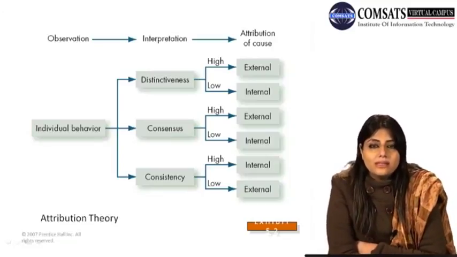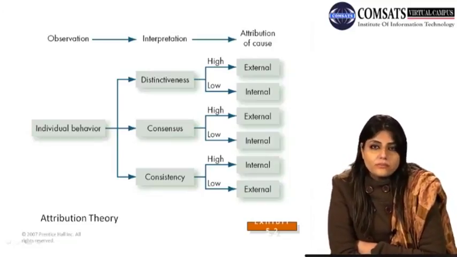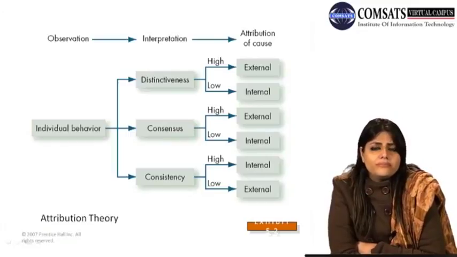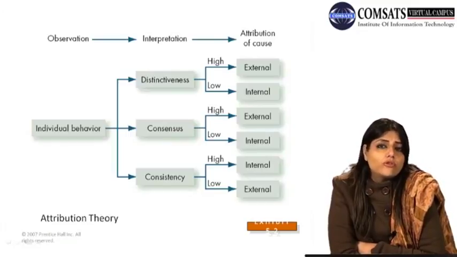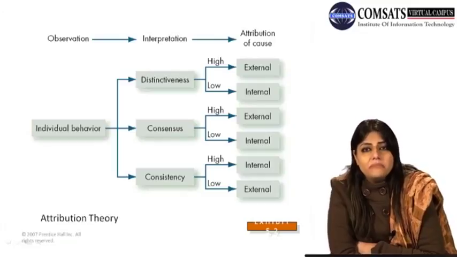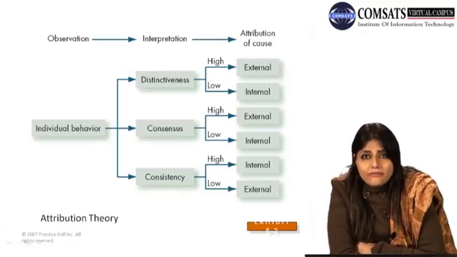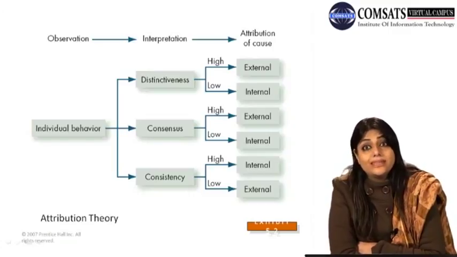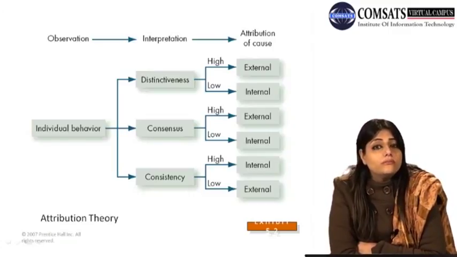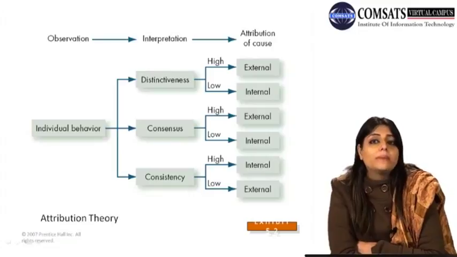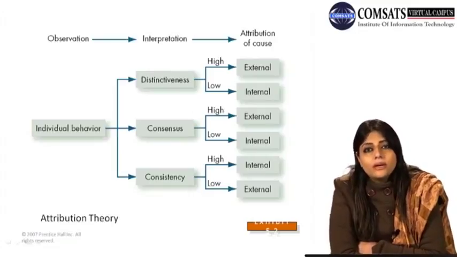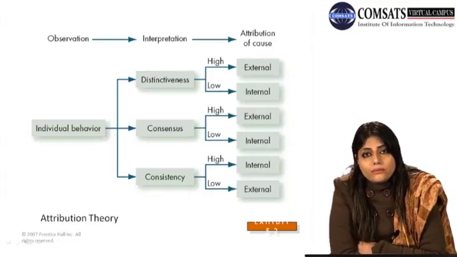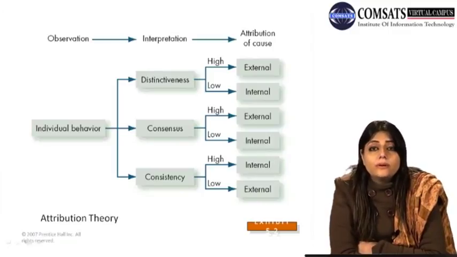And then for consistency, if the individual comes late, he is habitual of coming late, not only today but in meetings, in every activity he is late. So that is why he was late again, right? So if that behavior of late coming is habitual, then you would tend to be high in internal attribution, right?